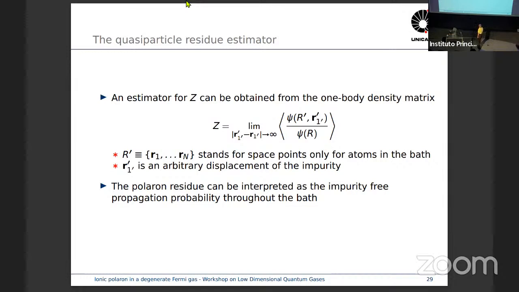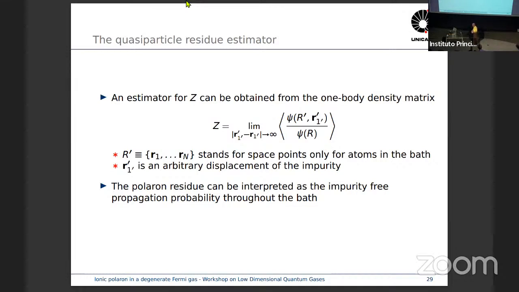What we have here, R prime is just the coordinates of R. R prime and R differ just because R has also the coordinate that we have just sampled for the ion. And here we give an arbitrary displacement for the impurity. And so the momentum distribution can be recovered if we go to this limit here, when R prime of the ion minus the original position goes to infinity.